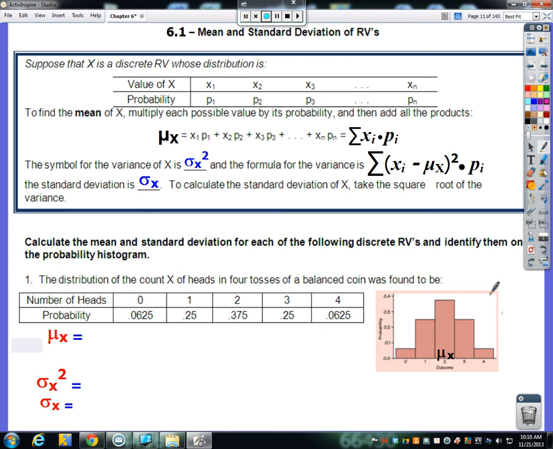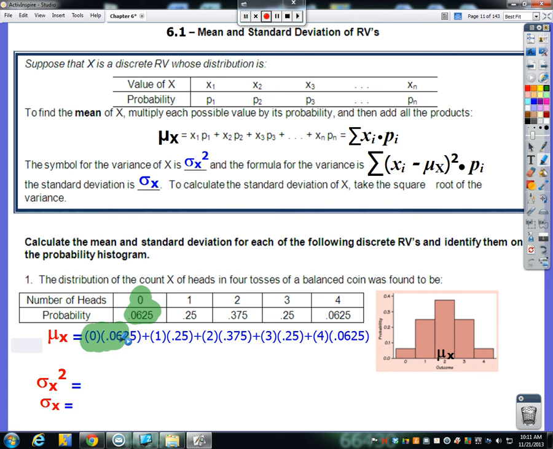Now I've already got the probability histogram over here, and you can see that our distribution is symmetric. We might also venture to call it approximately normal, which is fine. And so if we were to calculate the mean, here's what we're going to have to do. We're going to have to multiply each individual value. So here's getting 0, and there's its probability.